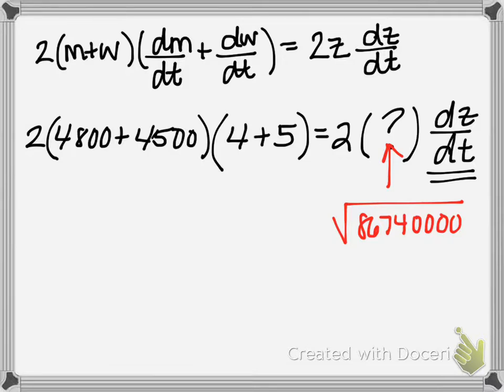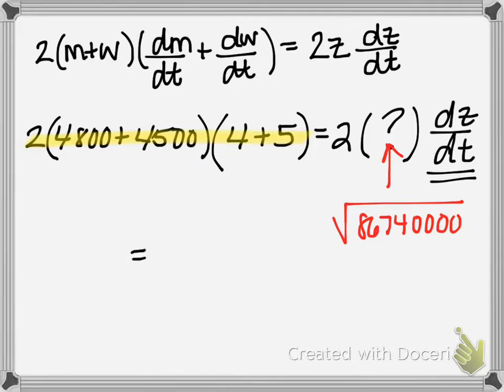So on the left-hand side here, we can go ahead and compute everything on the left. So (4,800 plus 4,500) times (4 plus 5). So that will give us 89,640. Oops, just kidding. I just made a calculator keystroke error.